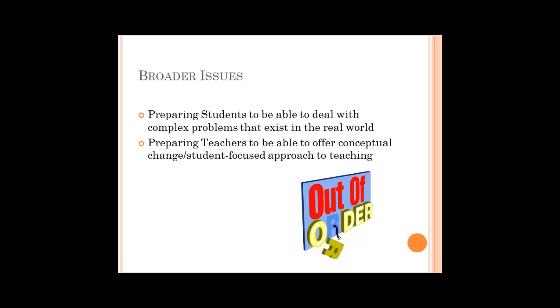If we want students to be able to deal with the complex problems that exist in the real world, we need post-secondary graduates who have the ability to think critically, question known concepts, and be creative. These abilities are developed through deep learning. So if teachers can engage students in deep learning, they are better preparing them for future challenges.